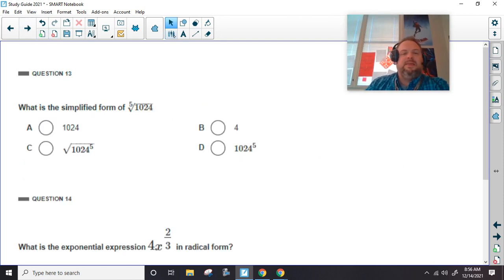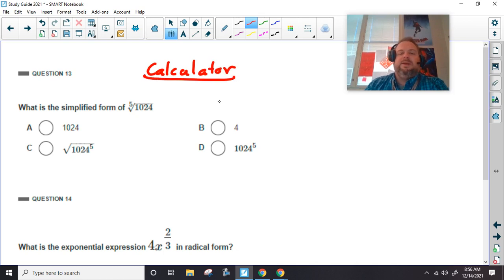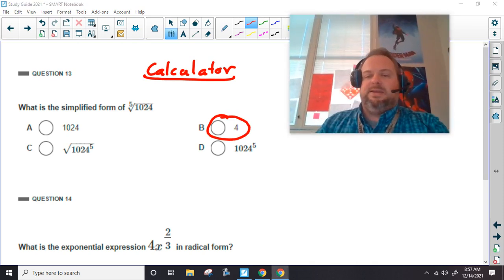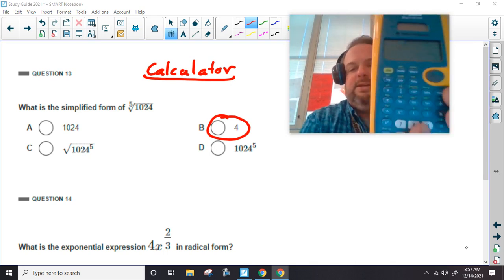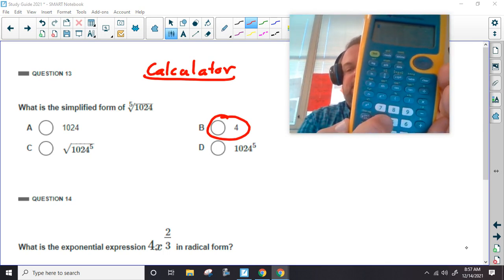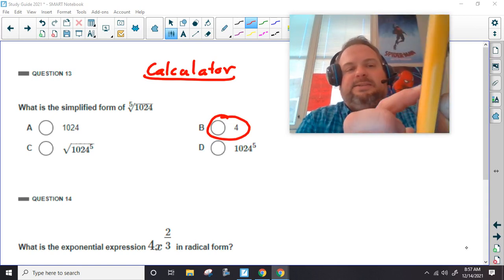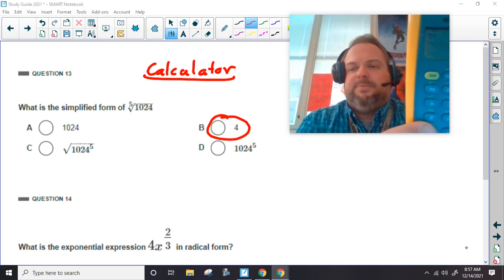Number 13. This is a calculator problem. The answer should be 4, because what you have to do on certain calculators, and the calculator in the program will actually do it too, is type in 5 and then second and this little raise the roof button.